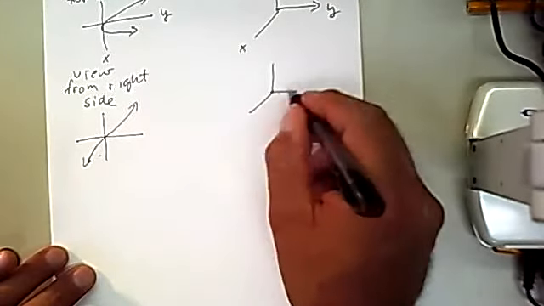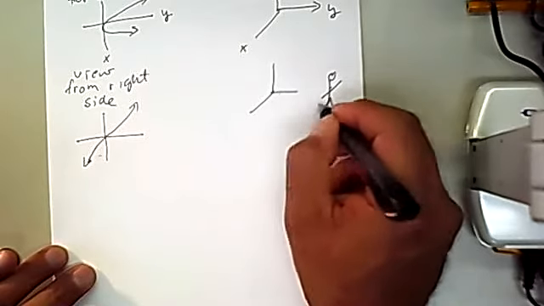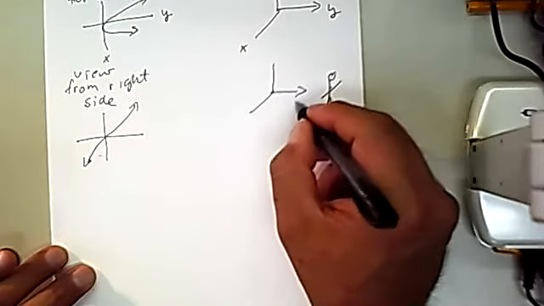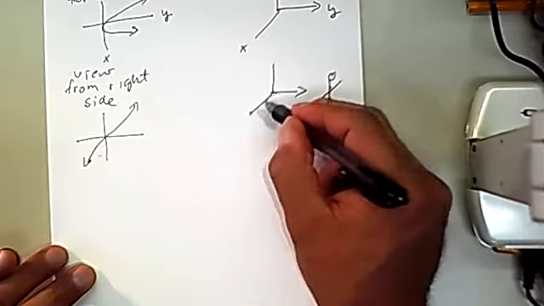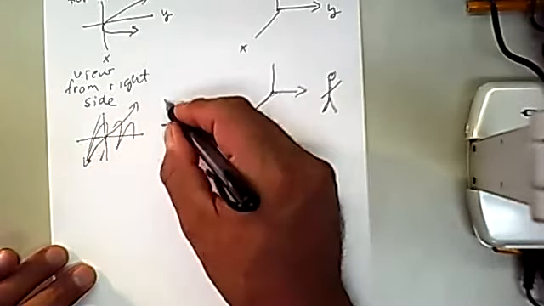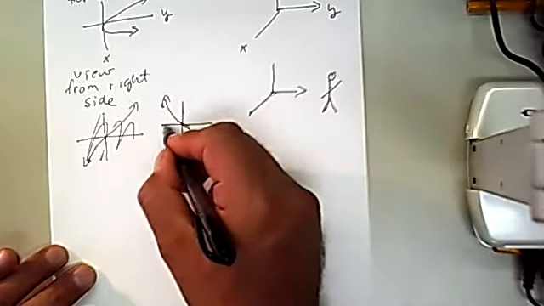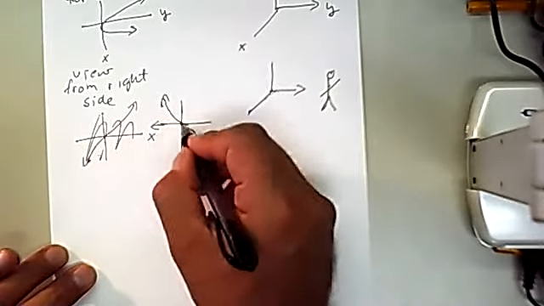If I was an observer looking at this from this side, the y values, then the positive x-axis would go this way. So I have to scratch this off, and the view would be this one, because the positive x-axis would be on our left.